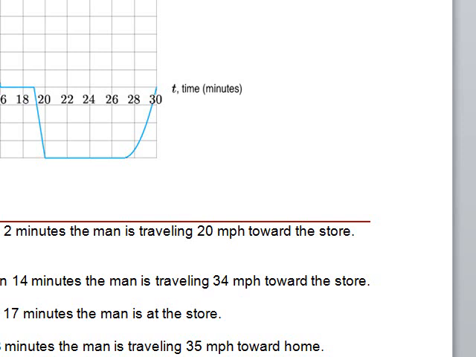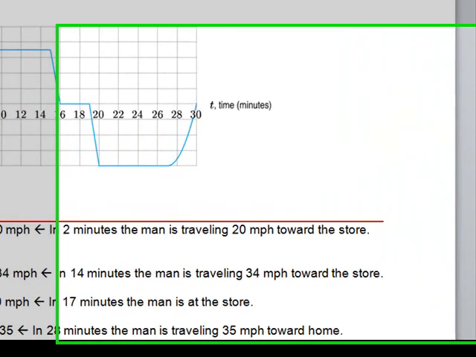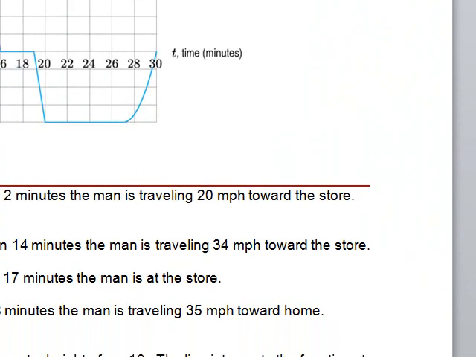So notice when the velocity is above the t-axis, when we're in that beginning time period, that's when the person is actually traveling to the store, and when it's below is when we're traveling home from the store. And so what I want to do is use this to determine these ideas.